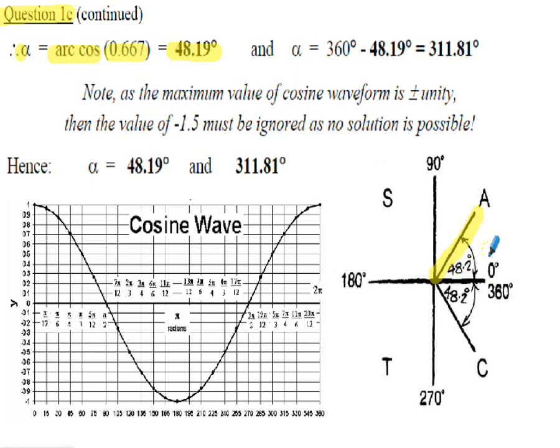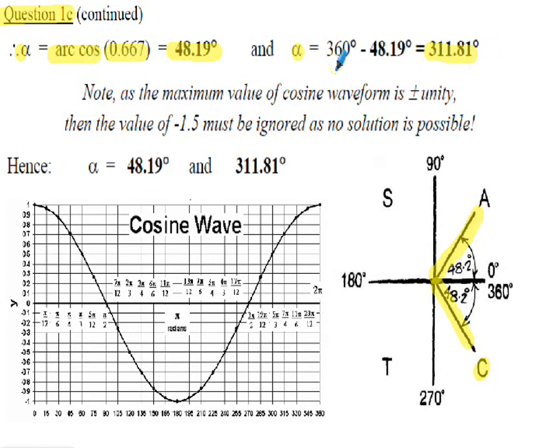And don't forget, the only other location where a positive ratio occurs for the cosine function is in the fourth quadrant here. So my second solution for the 0.66 ratio will be 360 degrees take away the 48.19, so the second value of alpha related to the ratio of 0.66 recurring is 311.81.